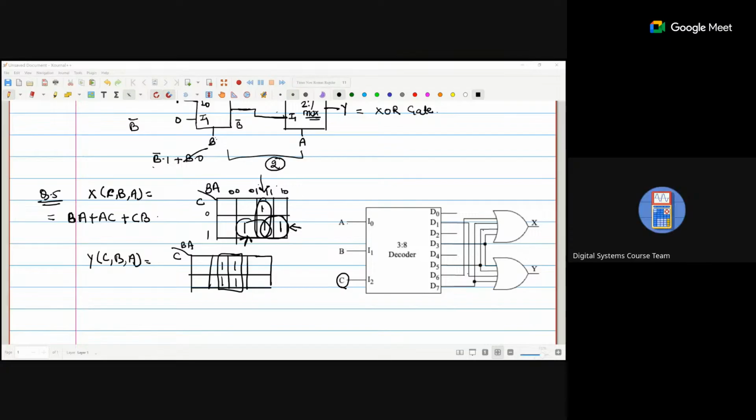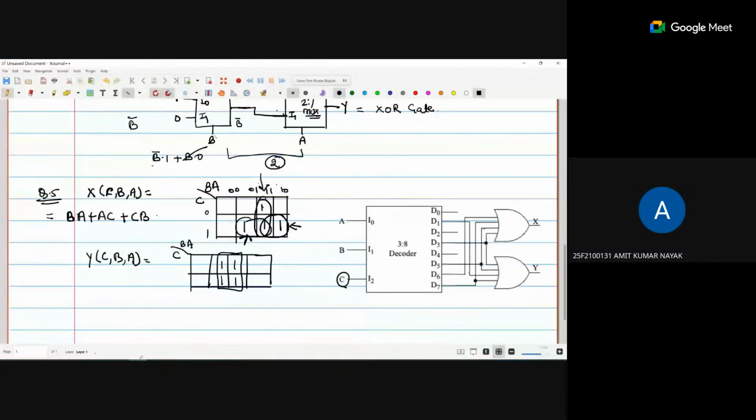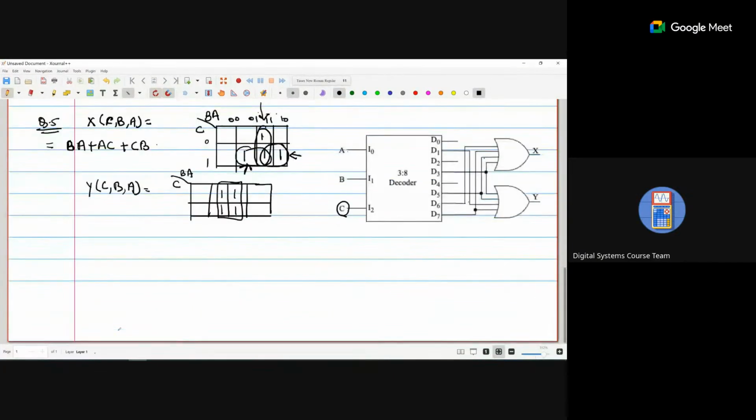Sir, if I write directly rather than using this K map, like if I write for D3, C bar B A, for D5, C B bar A, for D6. Wait a minute. You write as C bar B A plus D5, that is C B bar A, plus for 6 you write C B A bar plus C B A. Yes, sir.